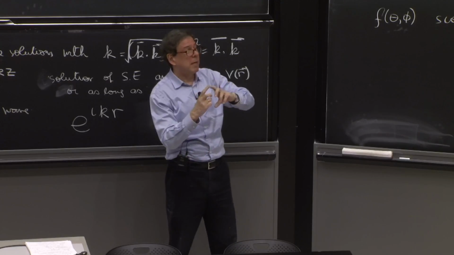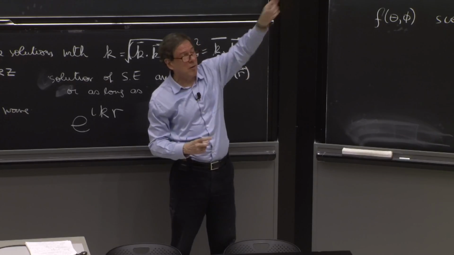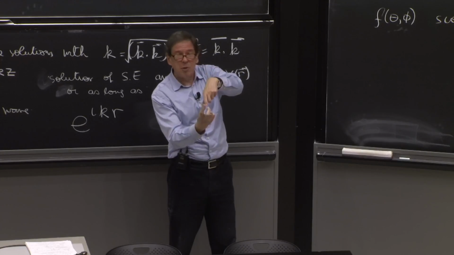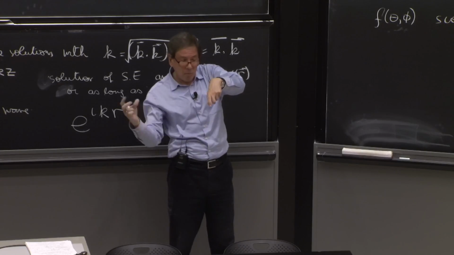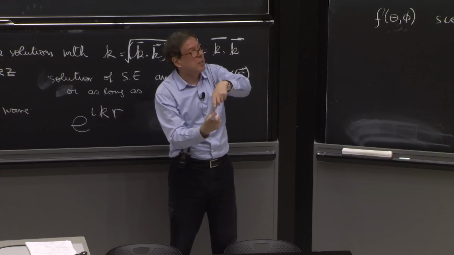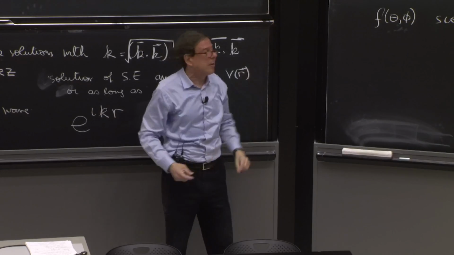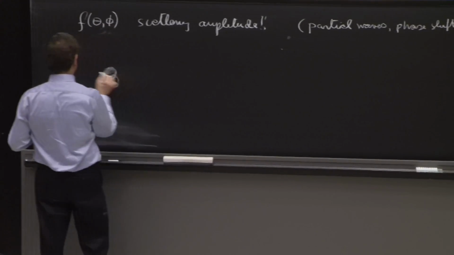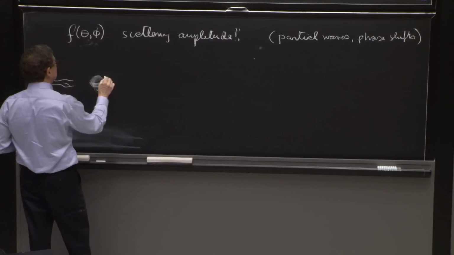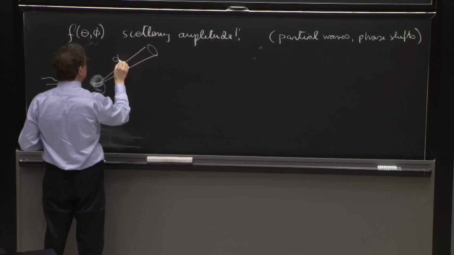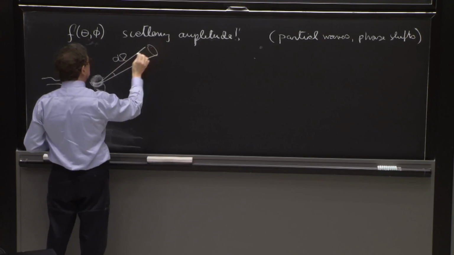And that would be what we call the differential cross-section, the value of the area whose flux of particles is precisely what you're getting out there.